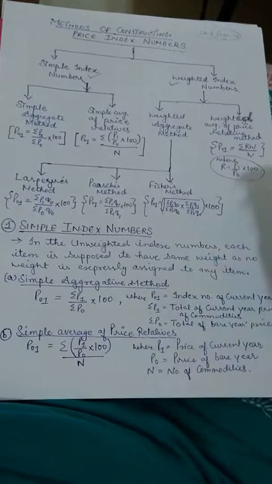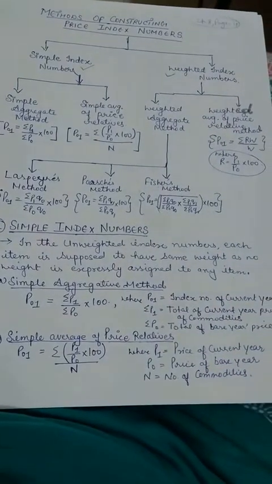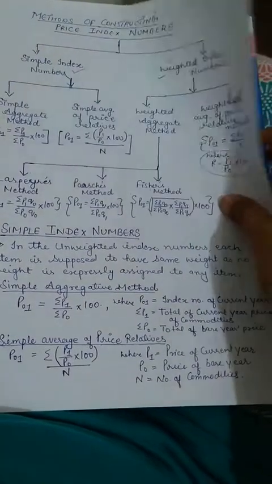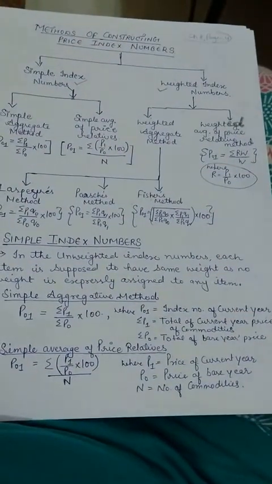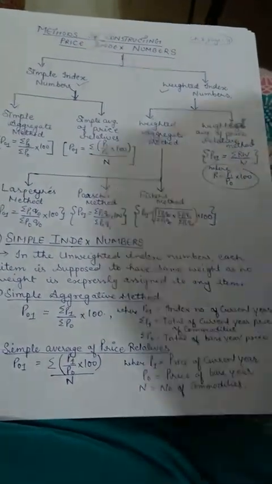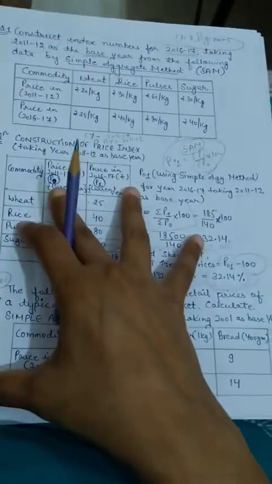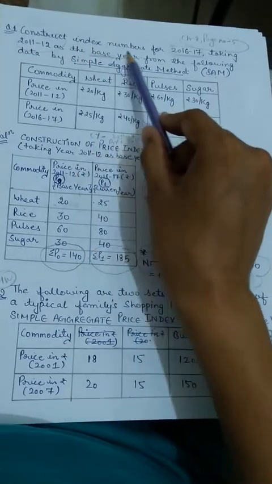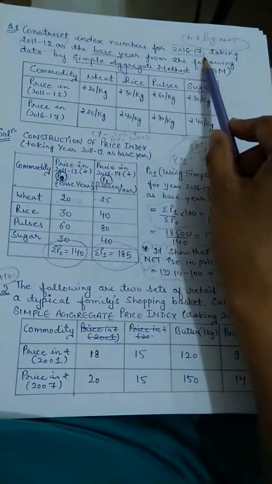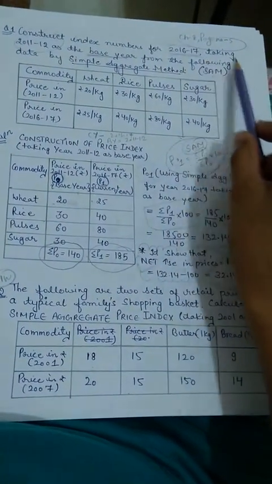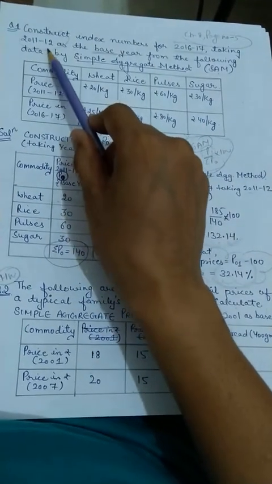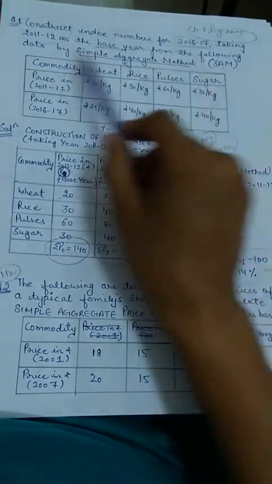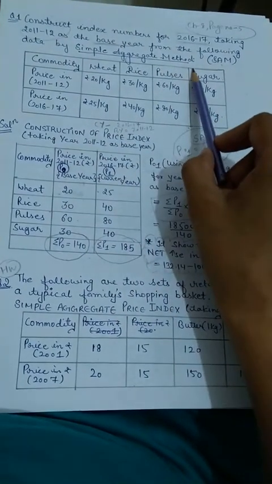Now we move to an example, and that example can be, here it is in front of you, that is construct index number for 2016 and 17 taking data of 2011 and 12 as base year from the following data by simple aggregate method.